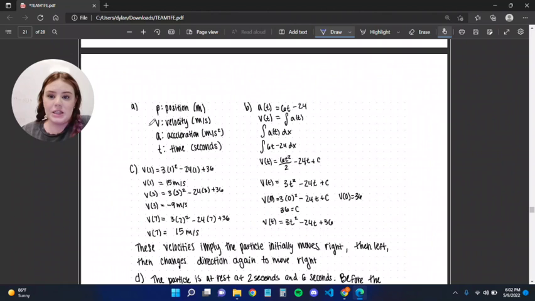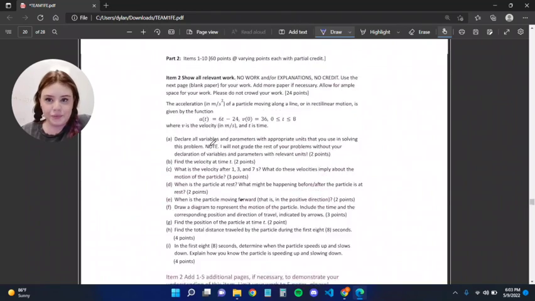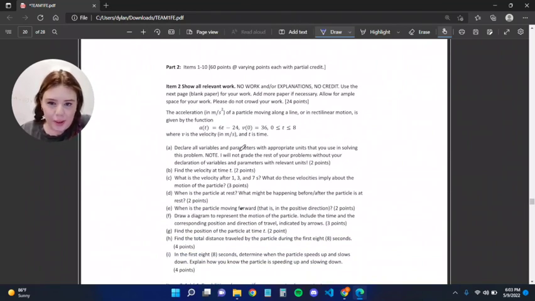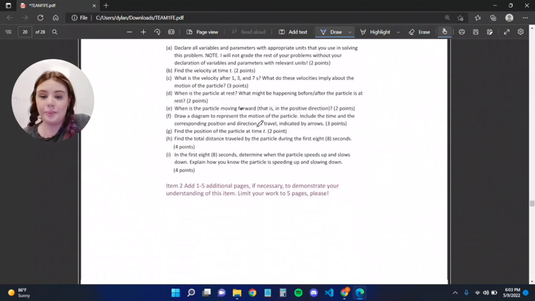We have our velocity represented by V in meters per second, our acceleration represented by A in meters per second squared, and our time t in seconds. For this problem, our parameters are going to be, we're given the time between 0 and 8.